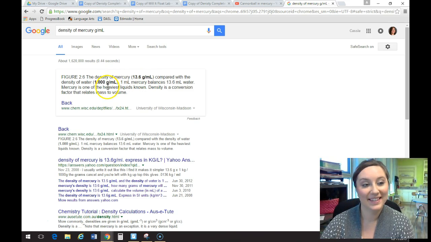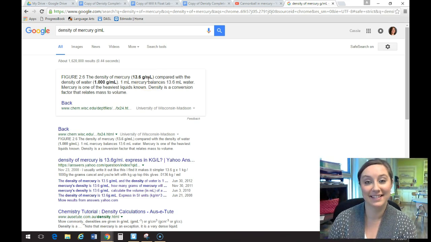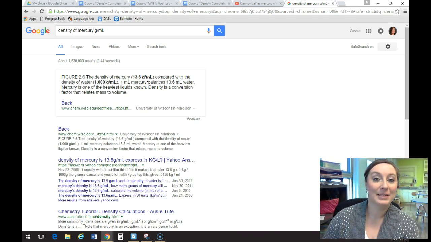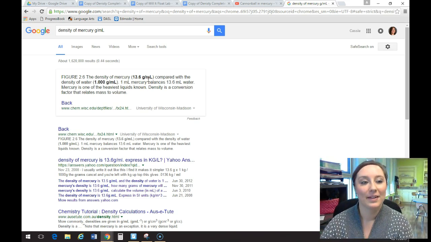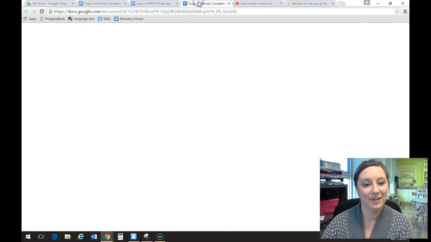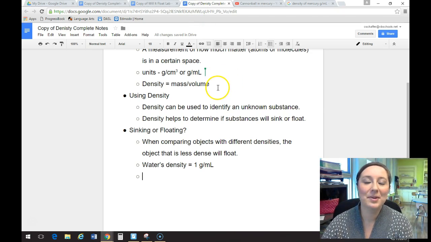Compare that with the density of water, 1 gram per milliliter. The density of mercury is way, way more dense. So that's why a cannonball would sink instantly in water, but it's actually going to float in the mercury because that liquid is so much more dense. It's actually one of the heaviest liquids known. So that was just a cool little side note for you guys to see. Let's go back to our reading.